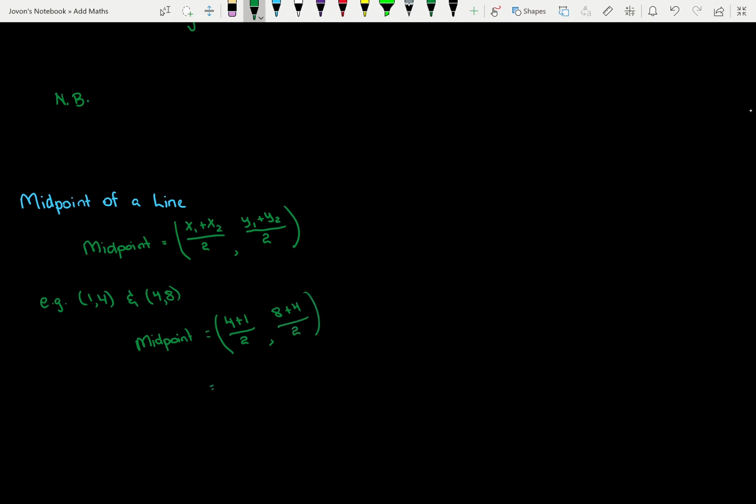This is equal to 5 over 2 comma 6. Okay, so again, the midpoint of a line basically gives you the point directly in the middle of the line, and it's a simple formula to follow. It gives you a coordinate.